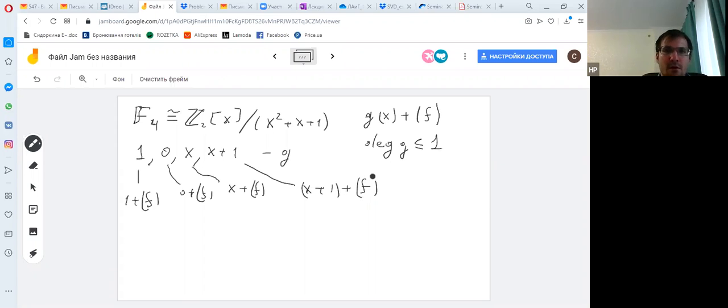And it is very important to understand this construction. So please ask questions. Is it clear how to obtain the field with 4 elements? It is clear that these are the 4 elements.